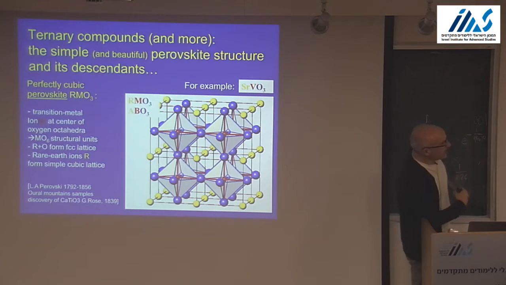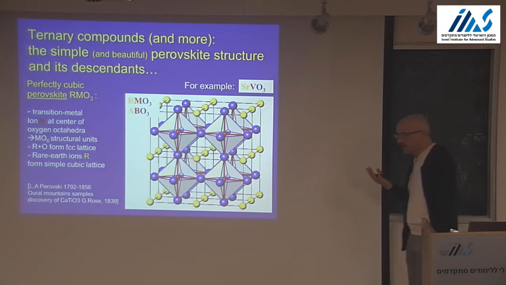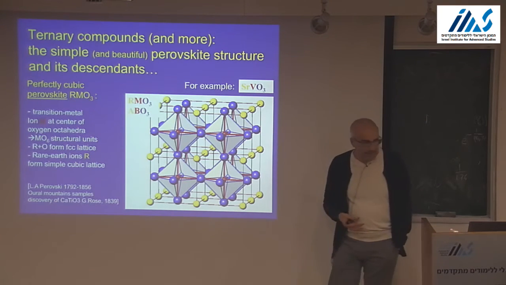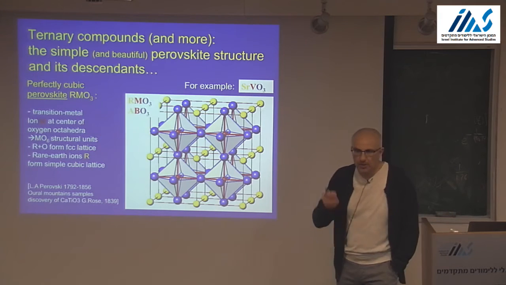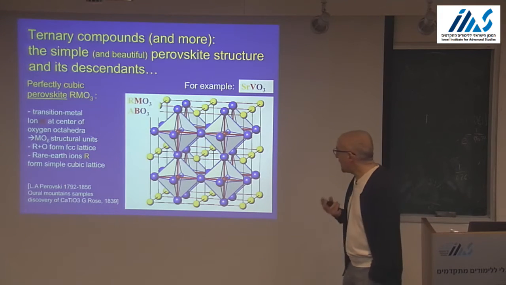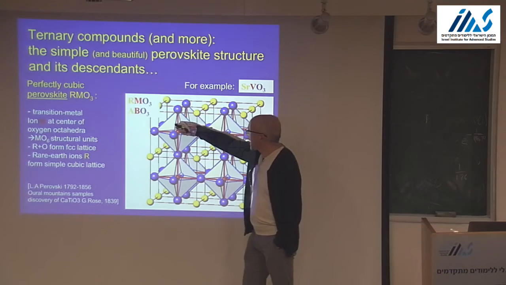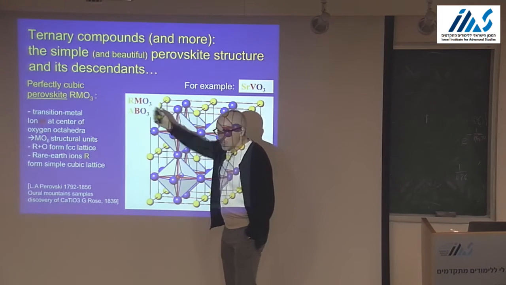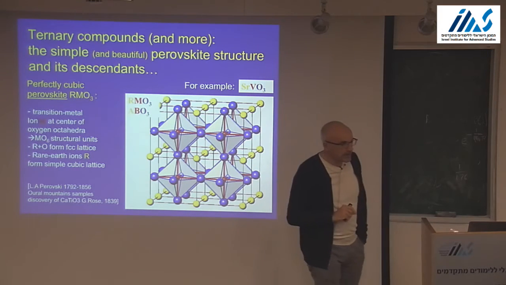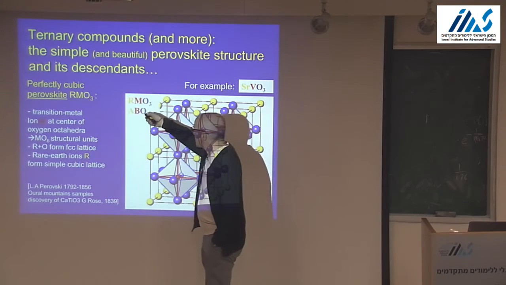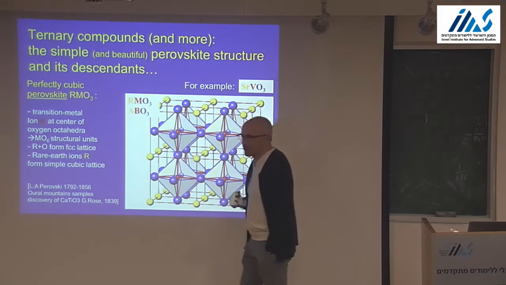And let's pause for a minute on this structure, just so that you understand what it allows chemists and physicists to do. One of the beautiful things with this structure is that it contains 3 atoms. Hence, it leads to the possibility of controlling the valence, the nominal valence of this metallic ion by changing, for example, the chemical nature of this rare earth here.